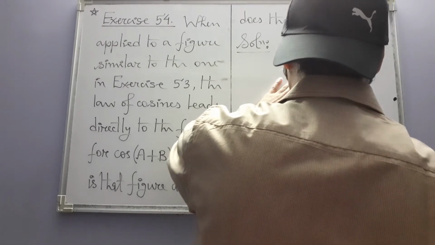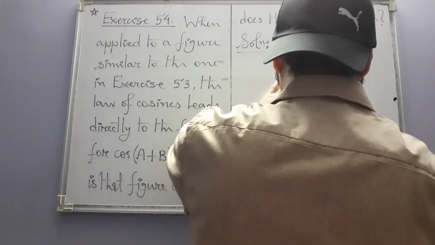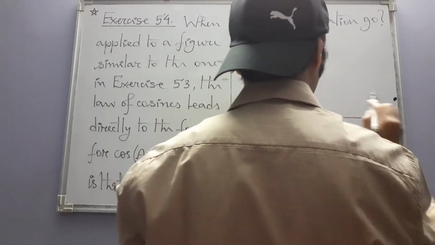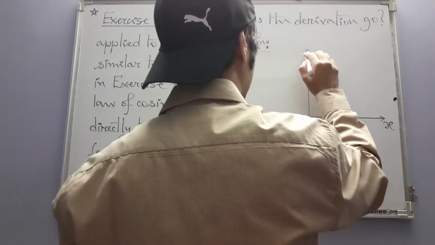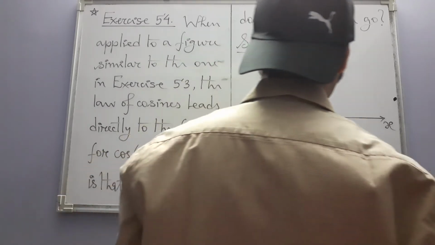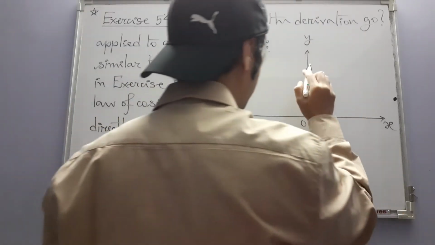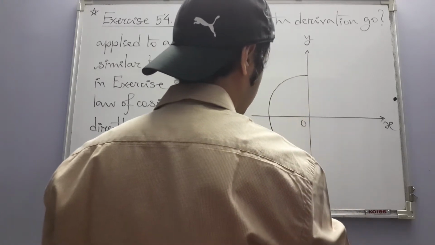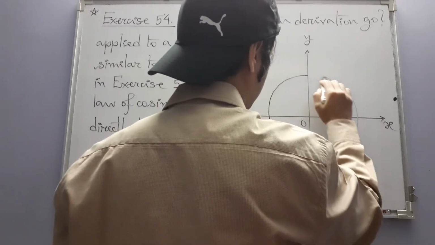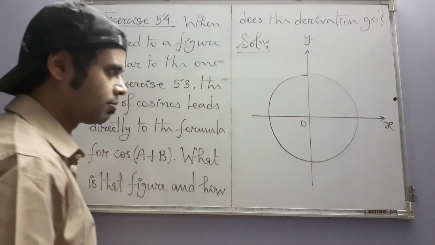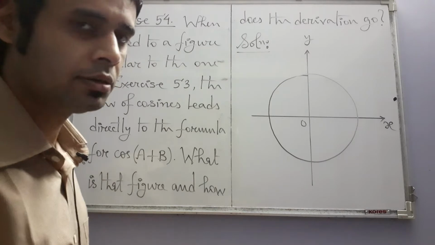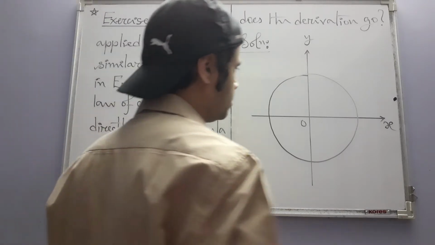This is the y-axis. And let me just draw the circle as best as I can. Okay, so roughly you consider this as the unit circle centered at the origin.